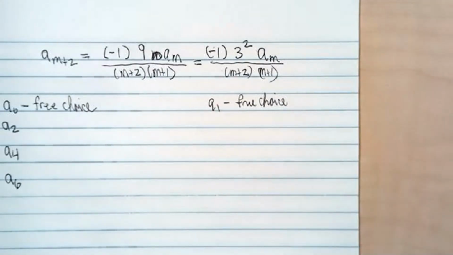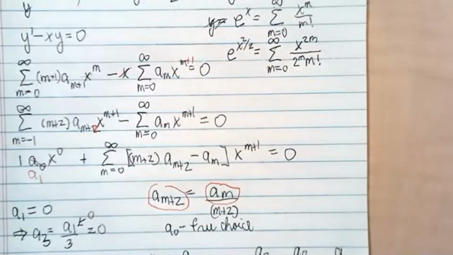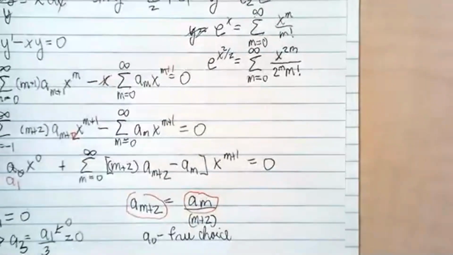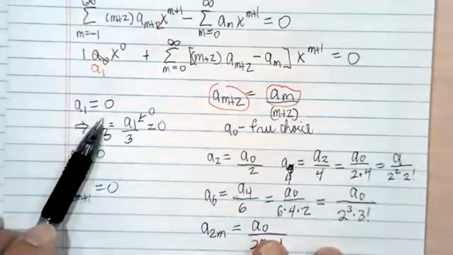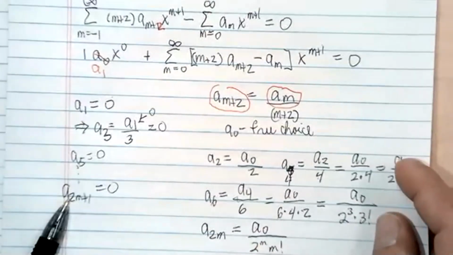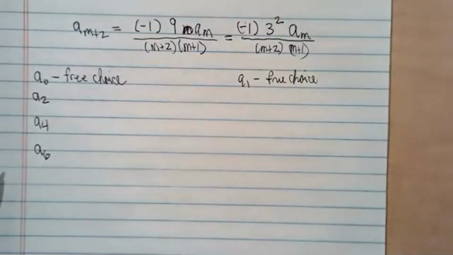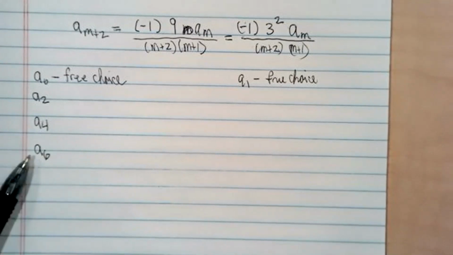The difference is the one that we already saw tonight on this solution here. On this one, we got a 0 that forced a lot of zeros later. So if I were solving a differential equation that ended up being some constant times e to the x squared over 2, what you would find is that A1 would be forced to be 0.